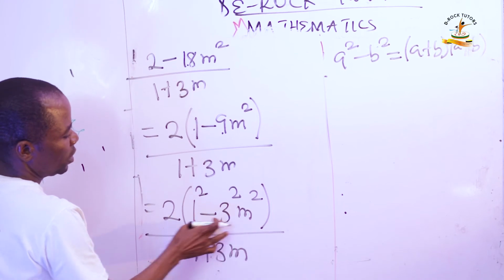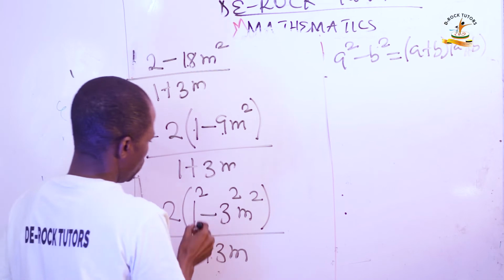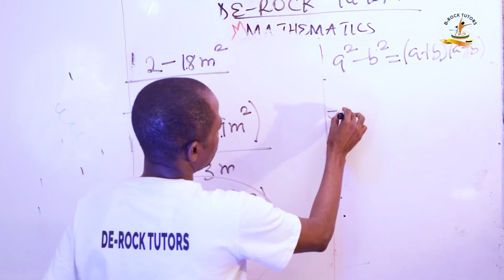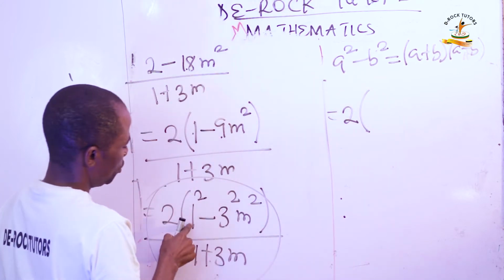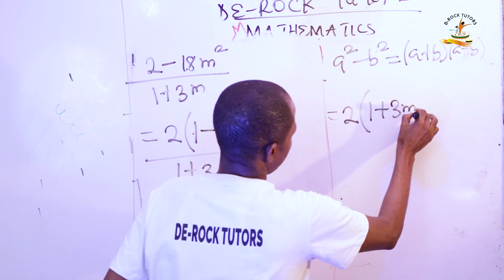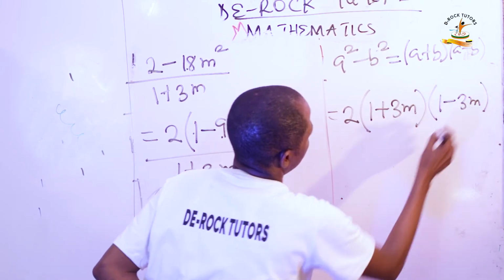And that is exactly what this represents. It's a difference of 2 squares. So we can now rewrite this expression as 2 into 1 plus 3m times 1 minus 3m.